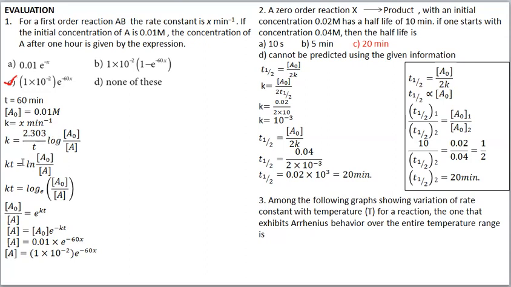So we will get kt equal to ln A0 by A concentration. Then ln means natural log, meaning log to the base e. So we can write log to the base e, A0 by A.